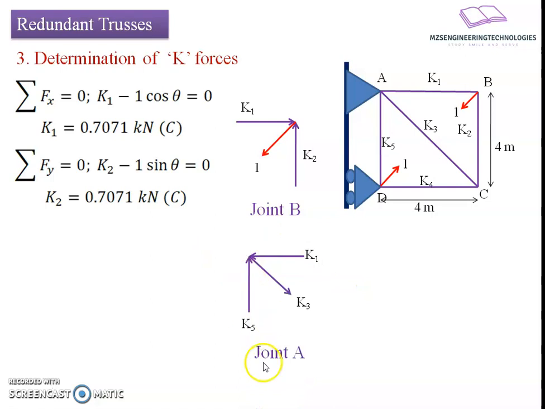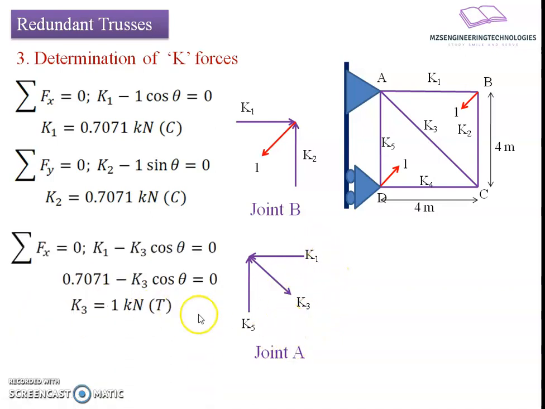Now next, if I move to joint A, we'll have three forces here, K1, K3, K5. Among these, K1 is known to us. If we write the static equilibrium equation for this free body diagram, we get summation of Fx equals 0, K1 minus K3 cos theta. If I take the angle with the horizontal, then the K3 cos component will be here, so it should be minus K1 plus K3 cos theta equals 0, resulting in K3 equals 1 kilonewton.